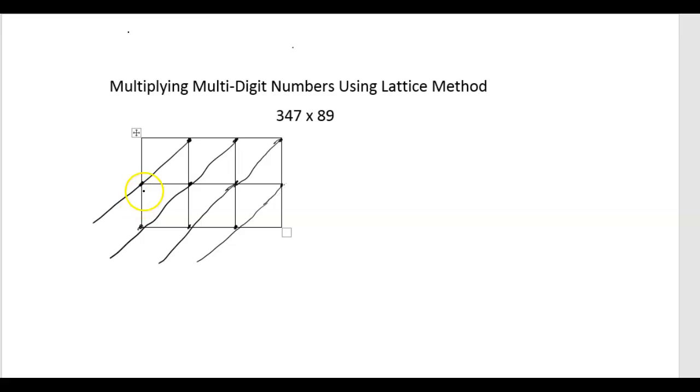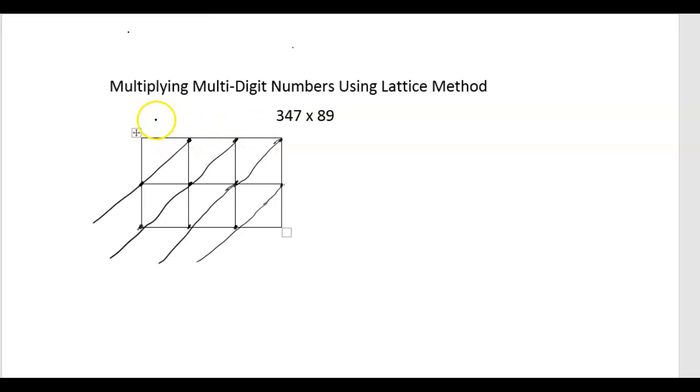You might be wondering why I extended the lines here. It is because after everything has been done, we are going to add the digits diagonally. So after dividing my boxes, I am going to write my numbers, but this time not in expanded form.